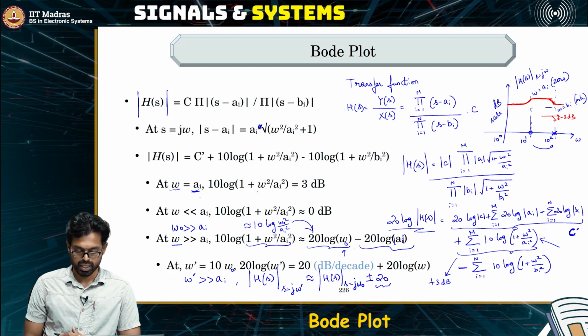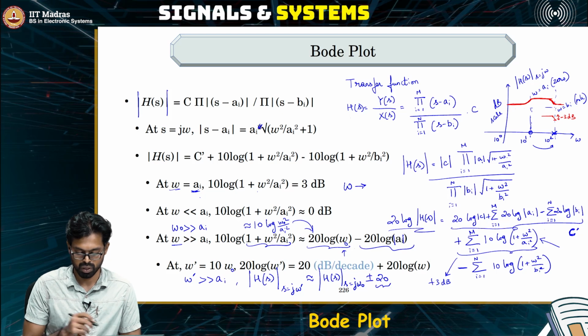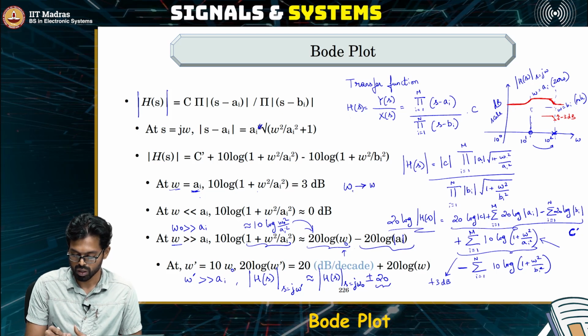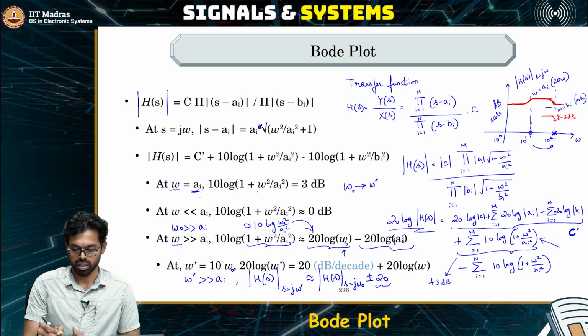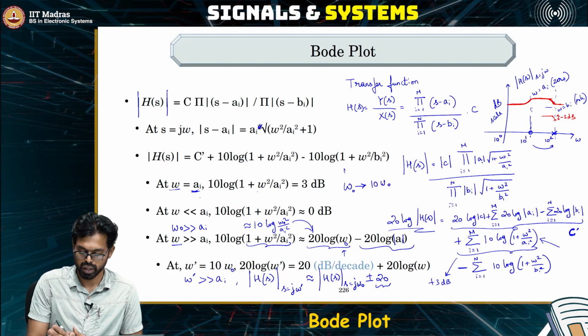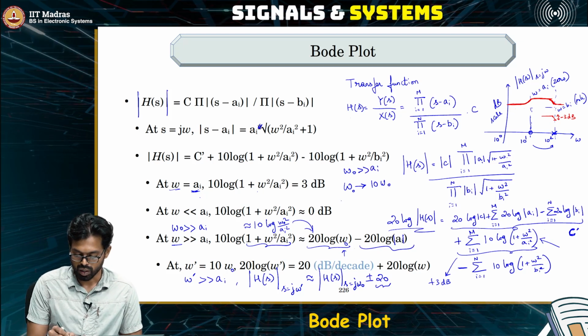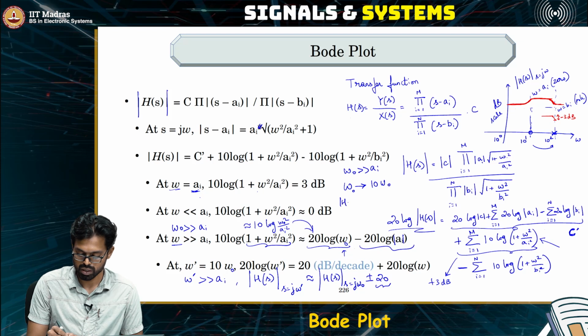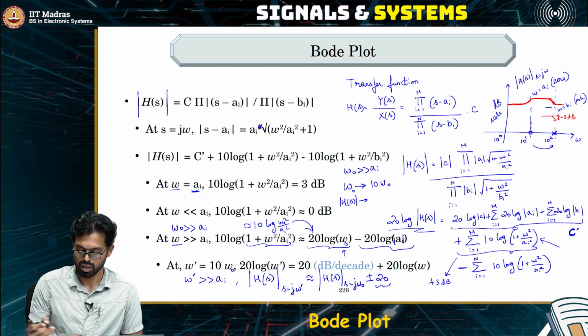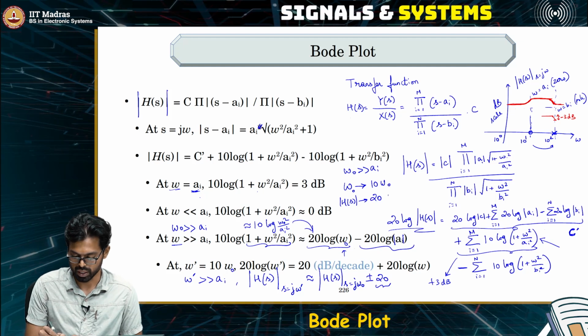So what it says is, when the frequency changes from omega naught to omega dash, that is 10 times its previous value, and omega naught is much greater than ai, the transfer function changes by an increment of 20.